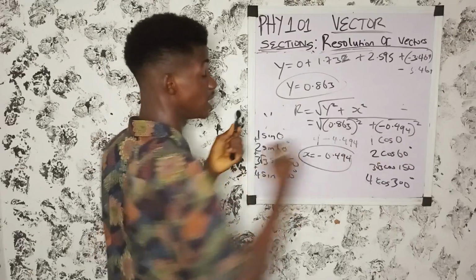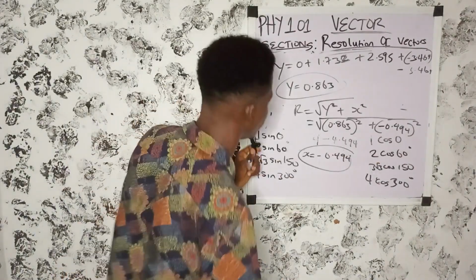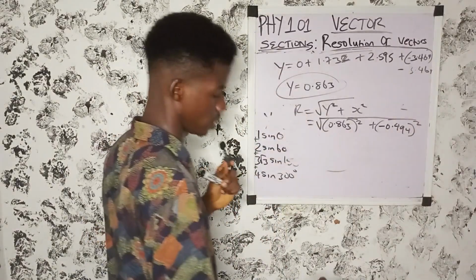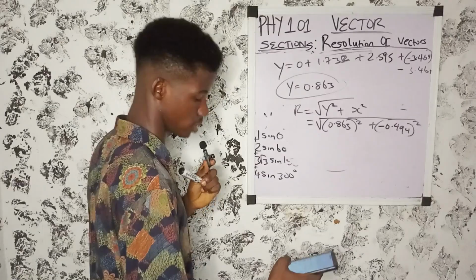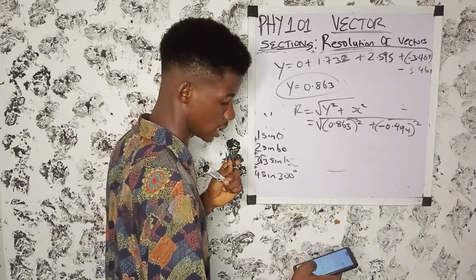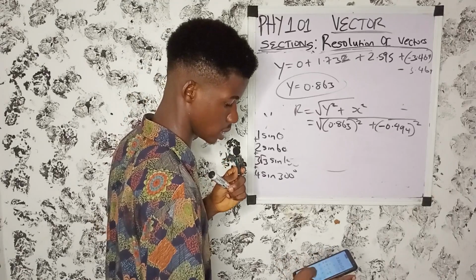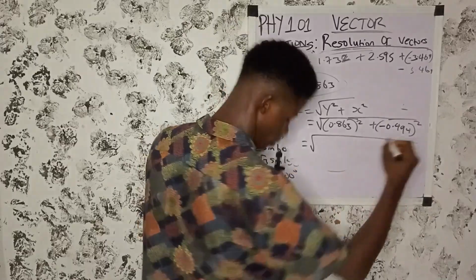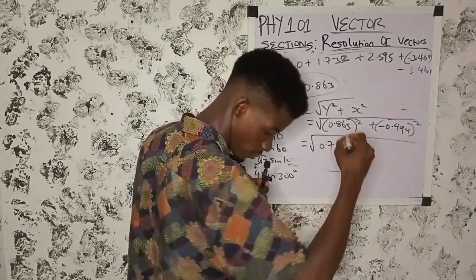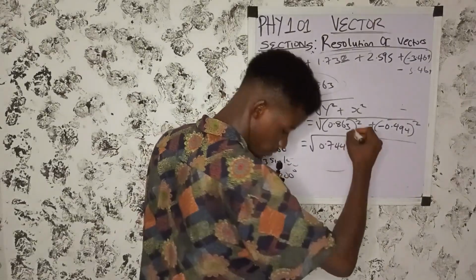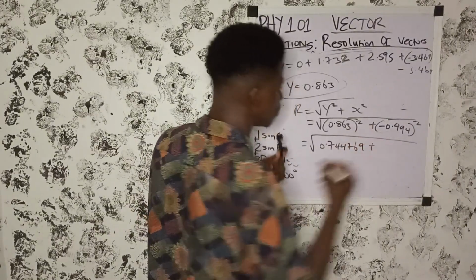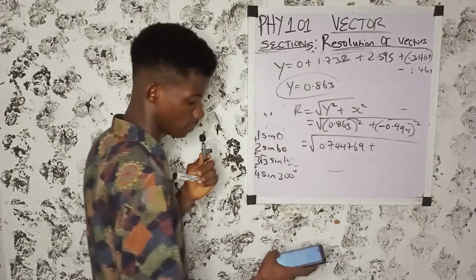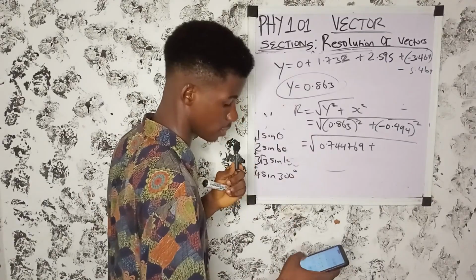Remember, the square of a negative number will give us a positive number. The square of 0.863 will give us 0.744769. Then plus the square of 0.494.